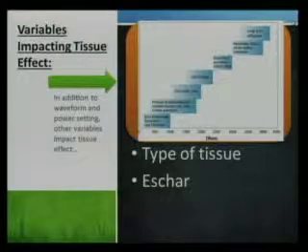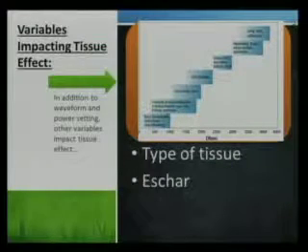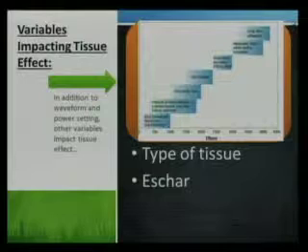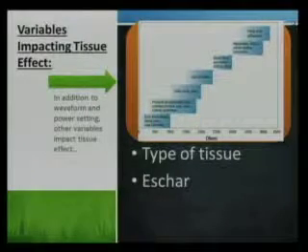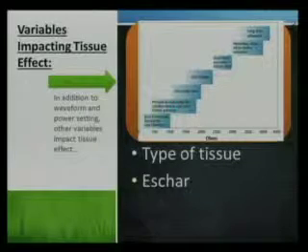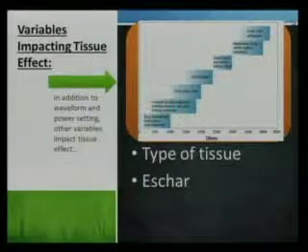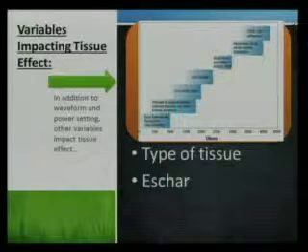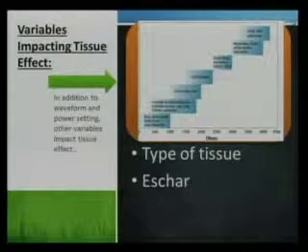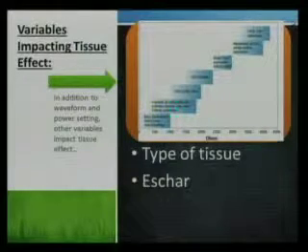The type of tissue impacts what effect you're going to have when you use your instrument. So this goes back to resistance. Each type of tissue has its own inherent resistance, and that's mostly a property of water content of those tissues. However, as you're desiccating the cell, as you're drawing out the cell, you're changing that tissue's resistance as well.